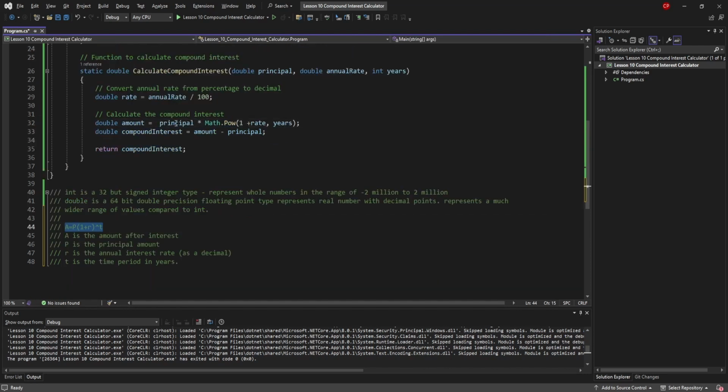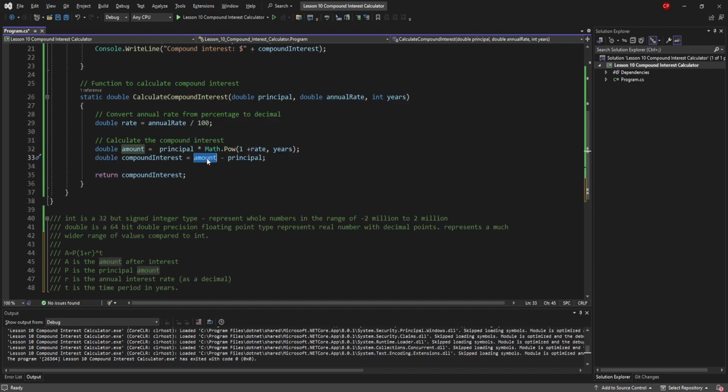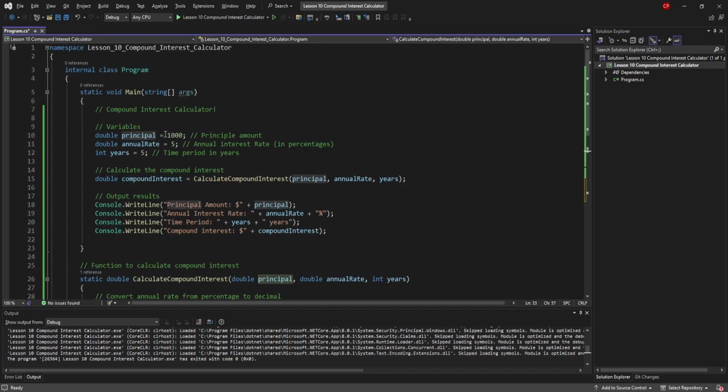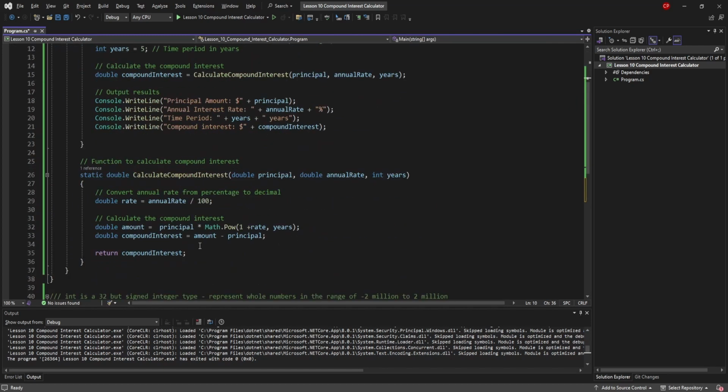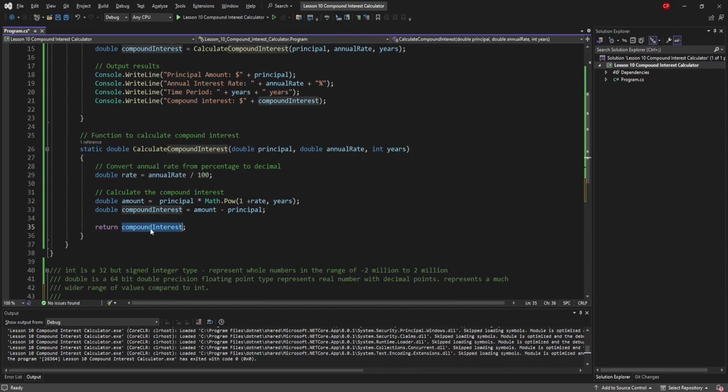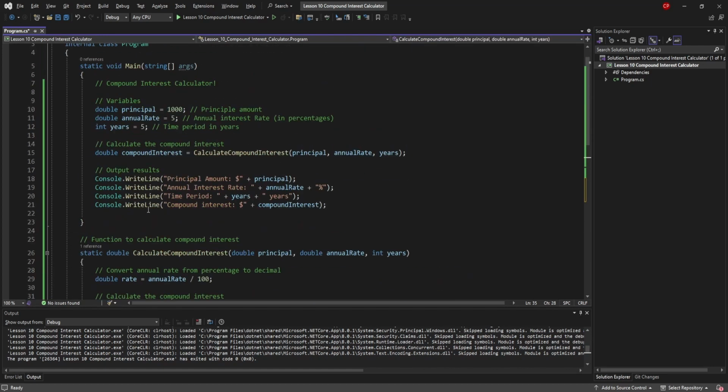We're setting our compound interest to amount minus principal. So we're taking the $1,000 loan you took out, deducting it, so that we just get compound interest. It's going to say, this is the principal, this is the annual rate percentage, this is the years, and here's what you will be paying in interest on your loan.